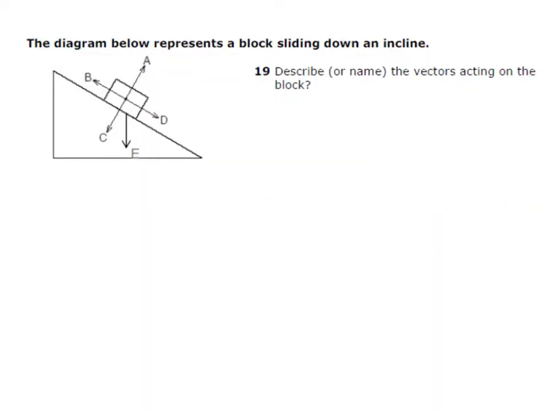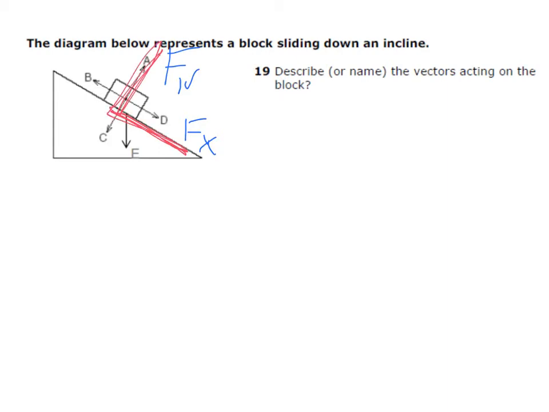In this diagram, it says, what do each of these represent? A, B, C, D, and E, I should say. So, A is the normal force. D is equal to force X. It's in the X direction if you look at this right here as being your axis.